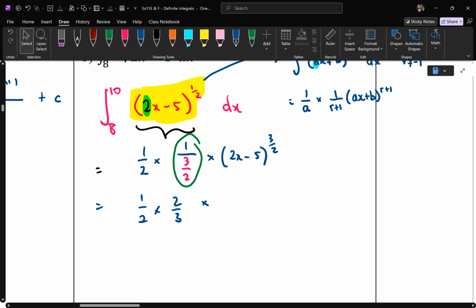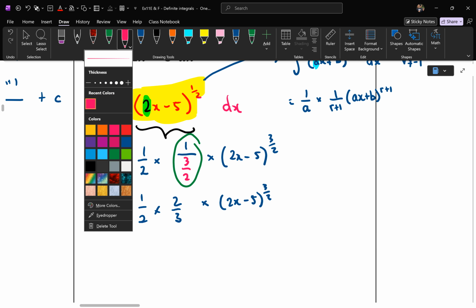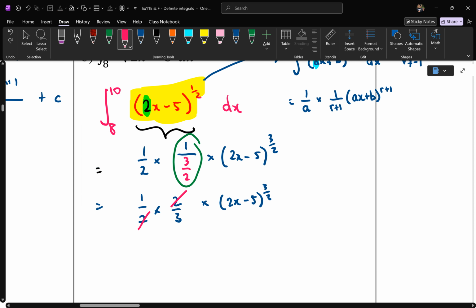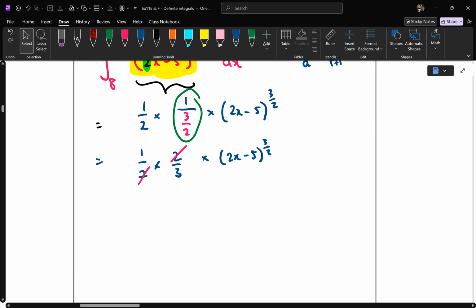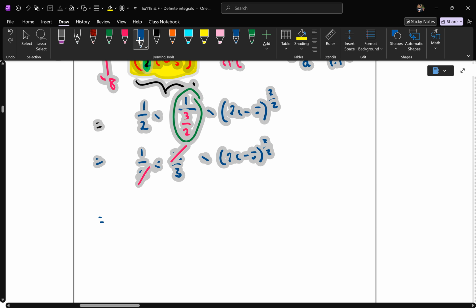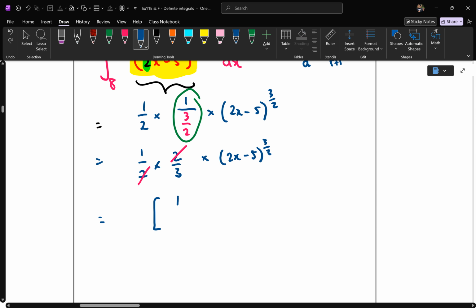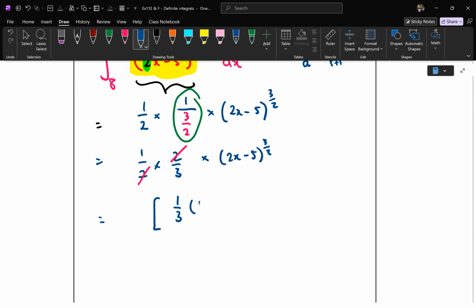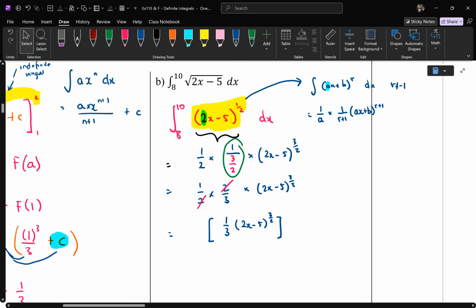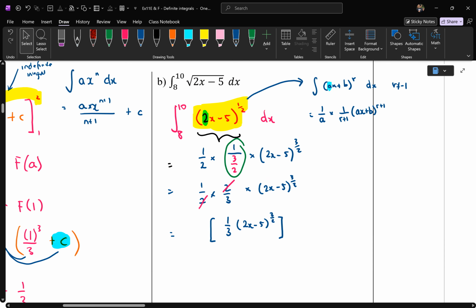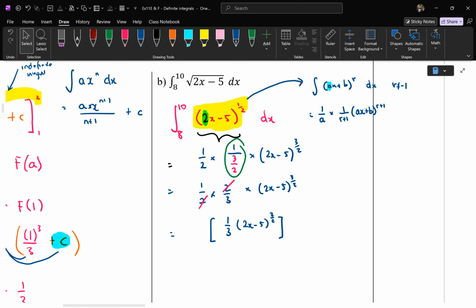Putting them both together, (2x minus 5) to the power of 3/2, we can already see half times 2/3, these 2's will cancel out. So your antiderivative so far should be 1/3 times (2x minus 5) all to the power of 3/2. That bit there was the antiderivative from last week. So what I just did there, these very first 2 lines, that's antiderivative.